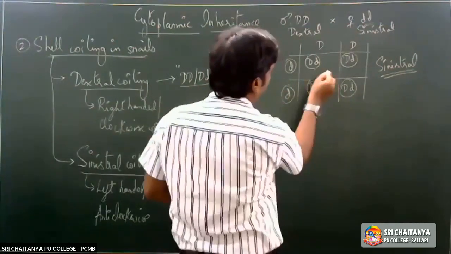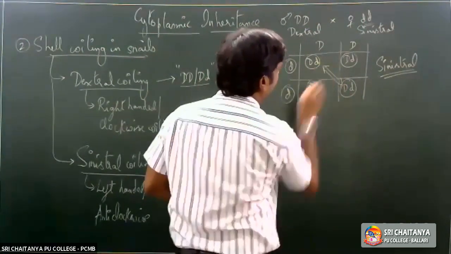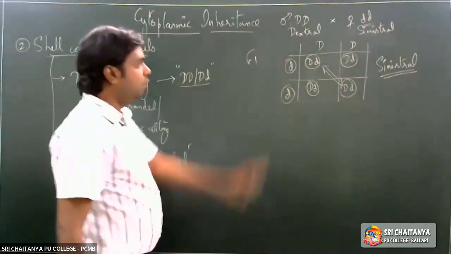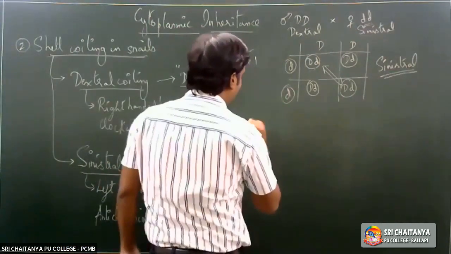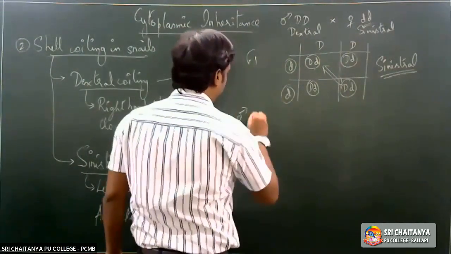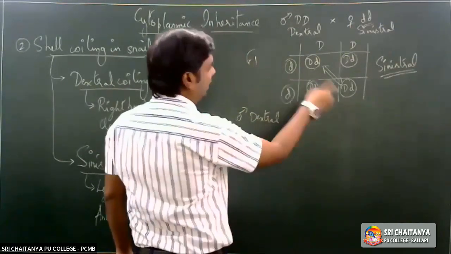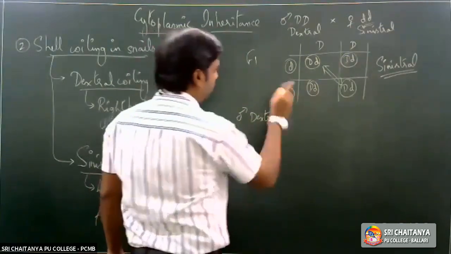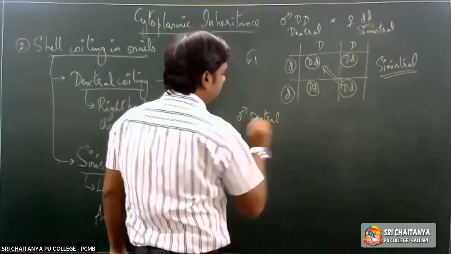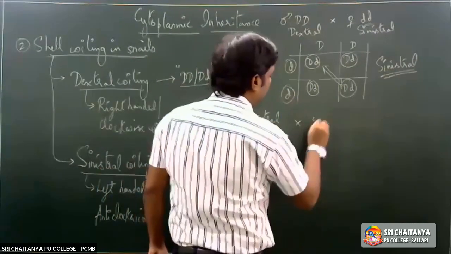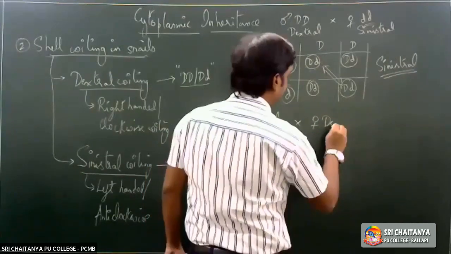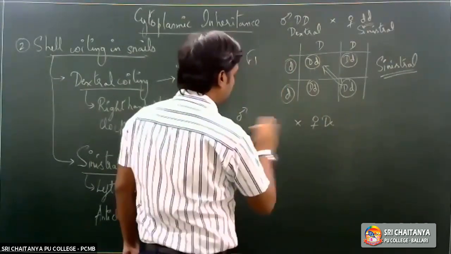Now let us intercross the F1 generation so that we get an F2 generation. So we are intercrossing F1 generation to get F2 generation. A male, capital D, small d, when crossed with a female, sorry, this is not dextral, this is sinistral.